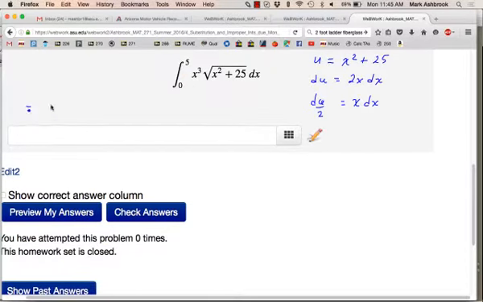So we can rewrite this as x squared times x squared plus 25 to the 1/2 times x dx. So I just pulled that x cubed apart into x times x squared, and I gathered that x with a dx. And so now what is x squared?